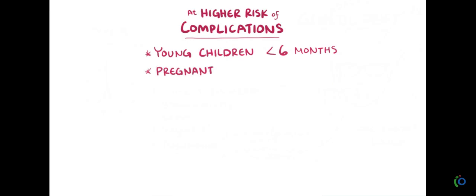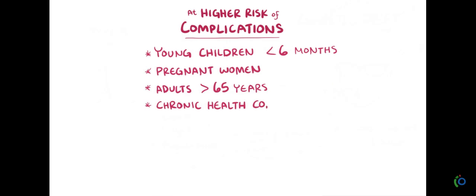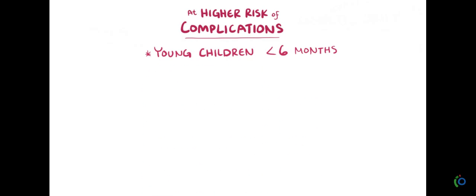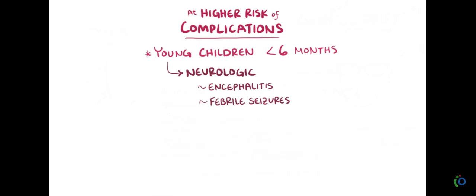The highest risk of complications is among groups like young children under 6 months of age, pregnant women, adults over 65 years old, and those with chronic medical conditions like chronic heart or lung disease. Young children in particular are more likely to have neurologic complications like encephalitis and febrile seizures.